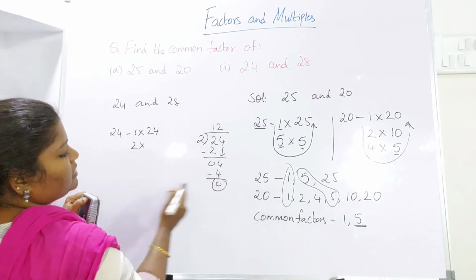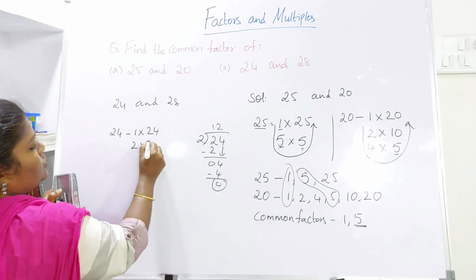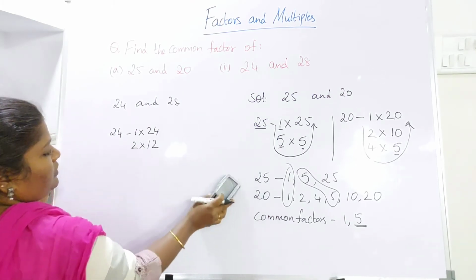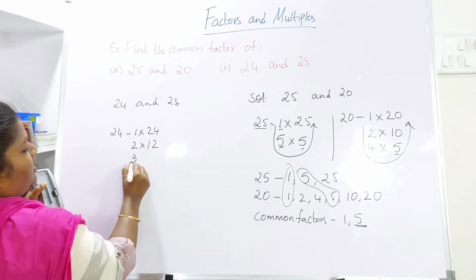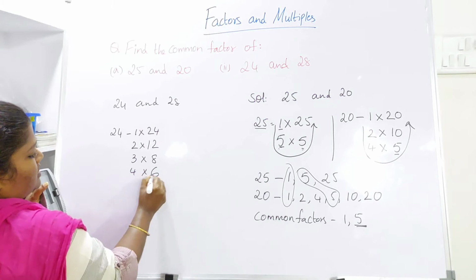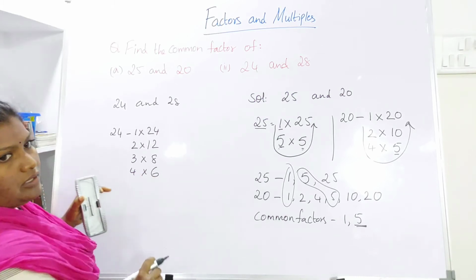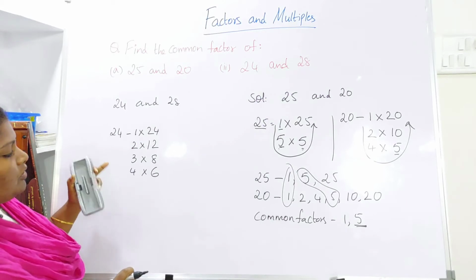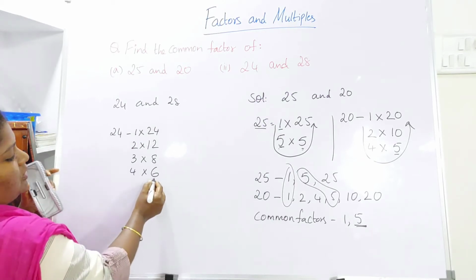So the remainder is 0. That means 2 12s is 24. So next 3 8s. Next after 3, 4 6s. Now in the 5 table, you don't have 24, and 5 does not divide 24. So next is 6, and 6 is already here.